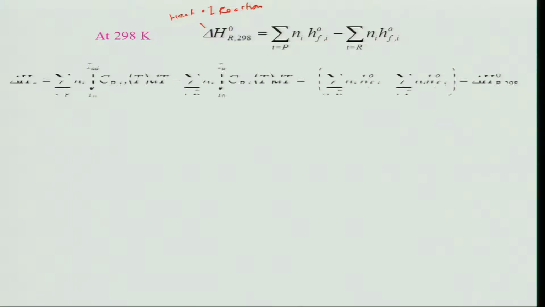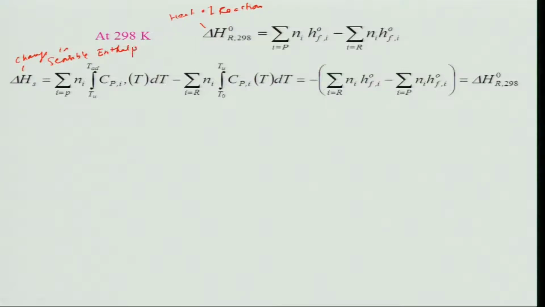If I substitute in equation 1, we get the change in sensible enthalpy, which is equal to Ni for the product, with Cp i dT, and similarly for the reactant, Ni Cp dT integrated from T naught to T u, and T u to T adiabatic, because that is the inlet temperature.